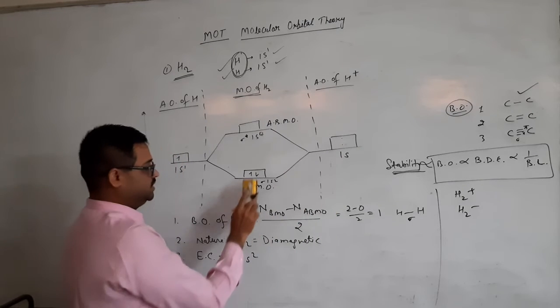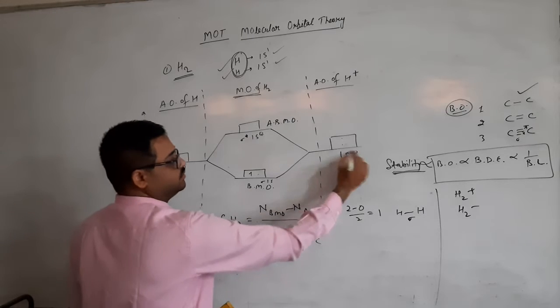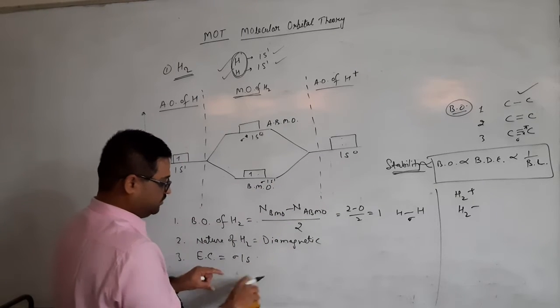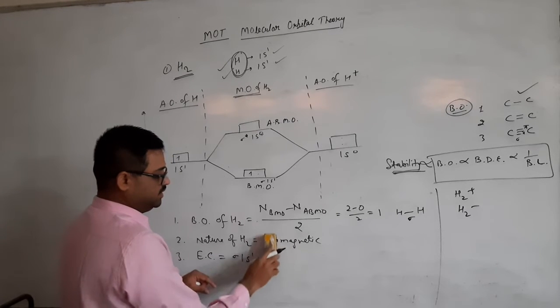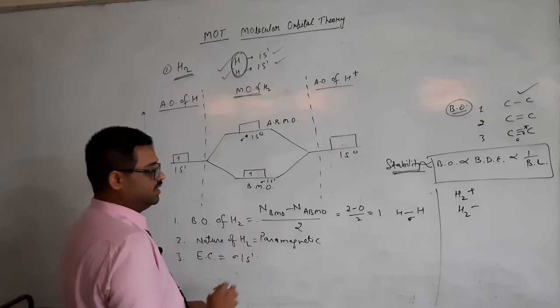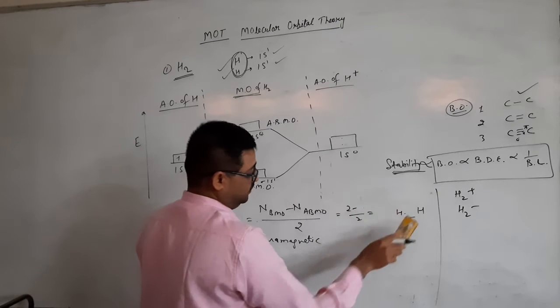Clear? So this electron will also disappear. So this is 0, but this is 1. So the electronic configuration will be changed to sigma 1s1, and the nature will now be paramagnetic.